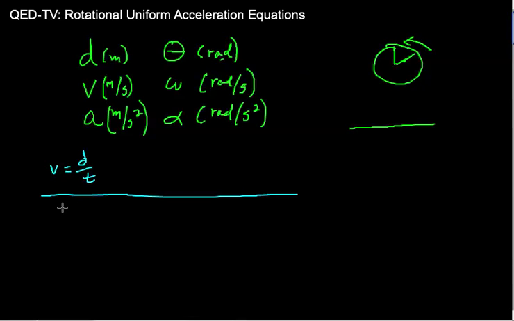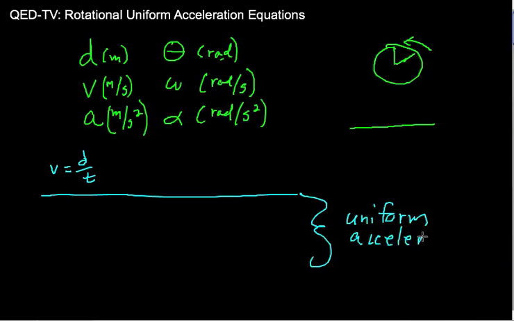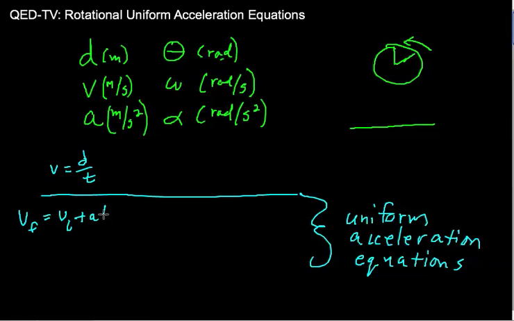And then we had three of what we called the uniform acceleration equations. We had VF, final velocity, equals VI, initial velocity, plus AT.